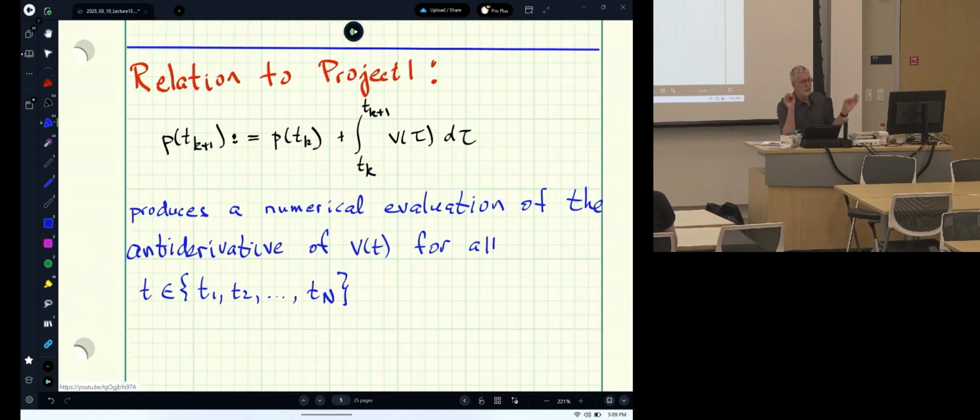Okay, so in project 1, you were numerically computing antiderivatives.